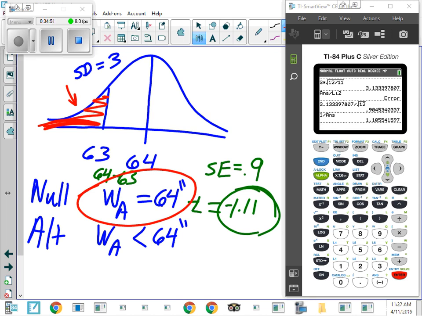We'll never know the true average height, but we don't have enough information to tell Wikipedia to take a hike. So somebody asks us to do this study and they say, prove that Wikipedia is wrong. Well, we tried. We can't prove they're wrong. We can't prove they're right either. But we don't have enough information to say Wikipedia is wrong.